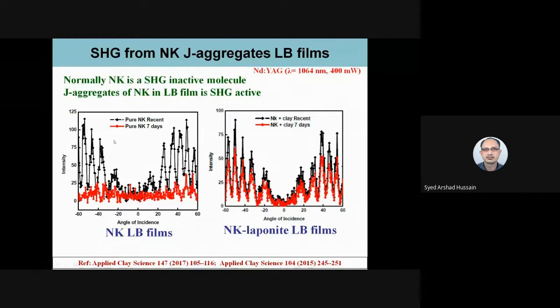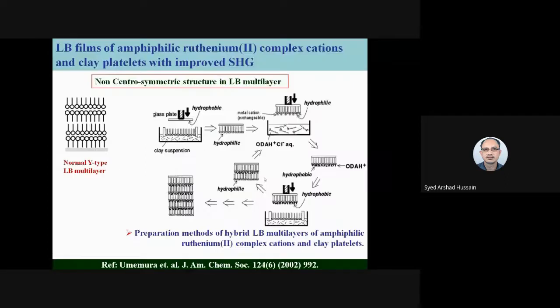The black one is for freshly prepared film in the absence of clay. After 7 days, you see the intensity goes down. But when we design the system using clay, even after 7 days, the change in intensity is very small. So clay plays an important role in enhancing the stability of the SHG active thin films.